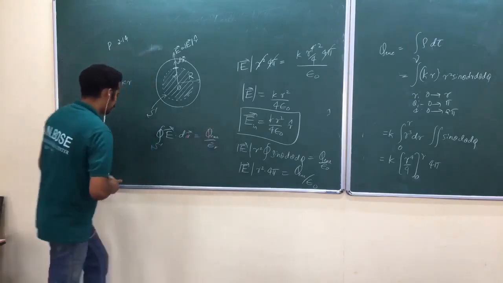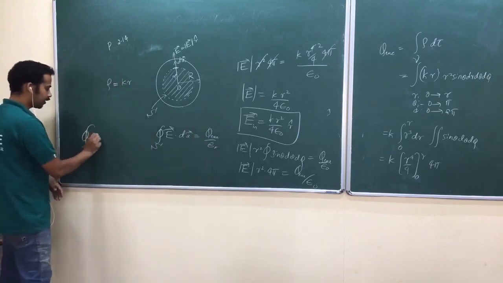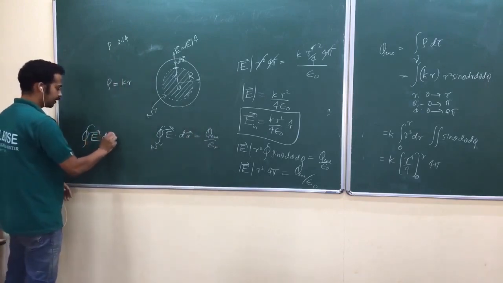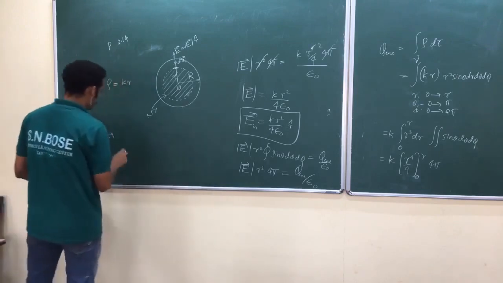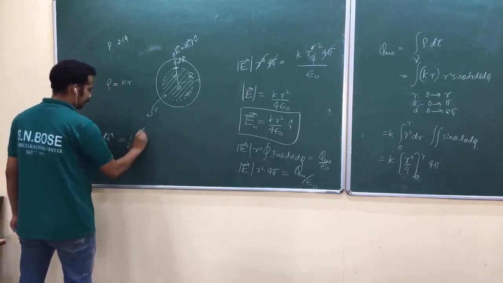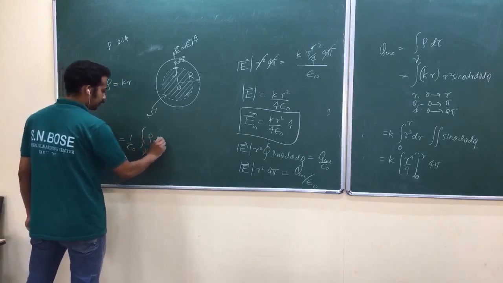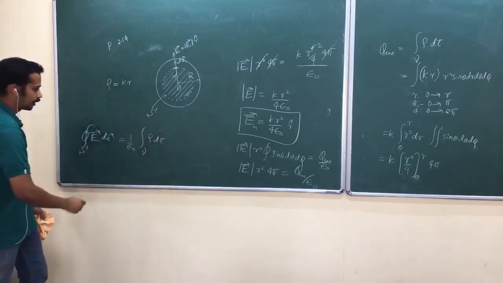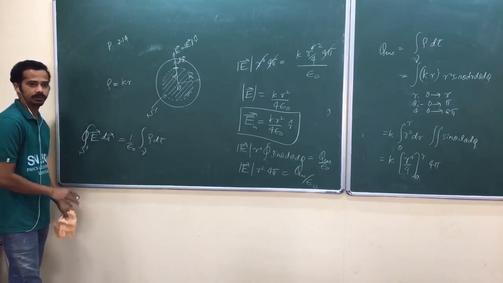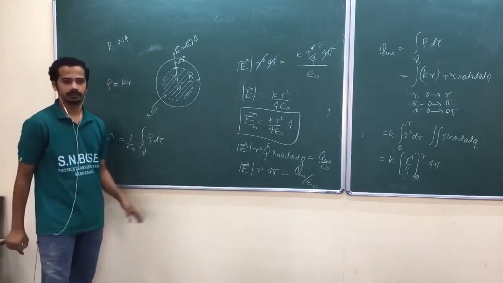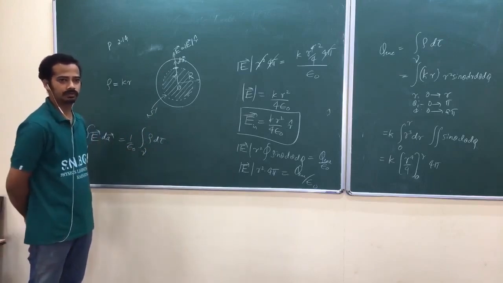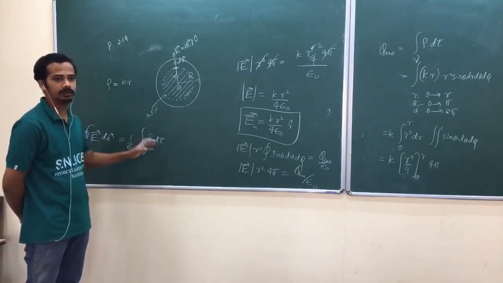Now your mind has to think about where the charge is. Ultimately this is the most general formula: integral of E dot dA over the surface equals 1 by epsilon naught integral of rho d tau, the charge enclosed. What is this volume? The volume within this surface. You should know the location of the charge, where there is charge and where there is none. While doing this volume integral, be careful.